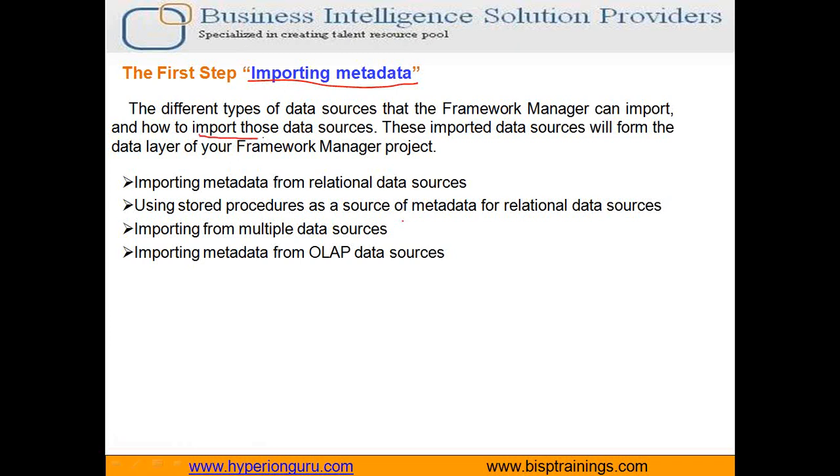So how do we pull data from different sources and import metadata from your relational database source into your Framework Manager? We do have data from relational databases. Data might come in terms of stored procedures. It may be views, it may be materialized views, it may be indexes, but in the Cognos Framework Manager, everything is a table.